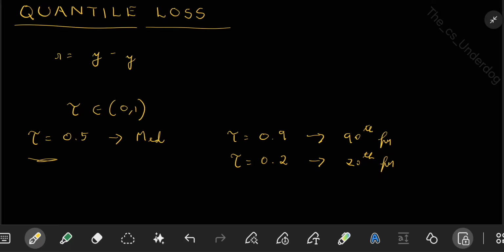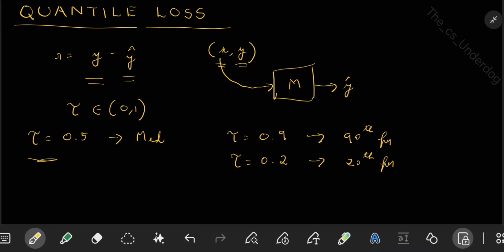Residual is y minus y cap, where y is the actual value, the expected output, and y cap is the predicted output. If you have an input x, y, in which x is the input and y is the expected output, the true value, then if you pass this x as the input to your model, the model will find a prediction which is y cap.